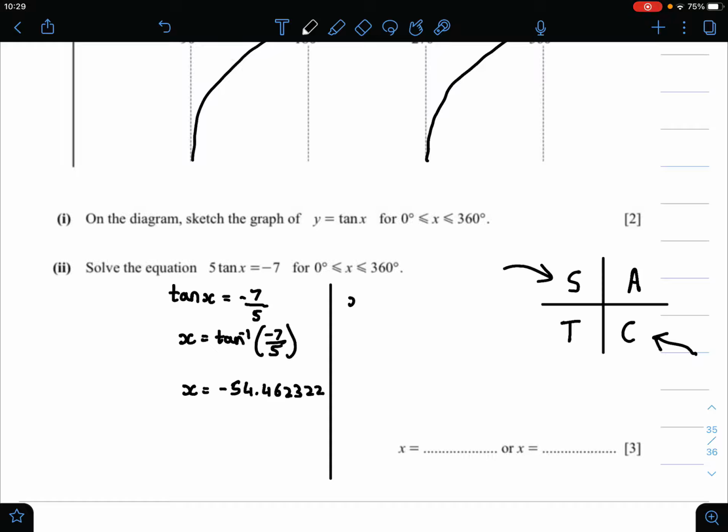So one of the theta values will be equal to 360 plus x, and the other theta value will be equal to 180 plus minus x.